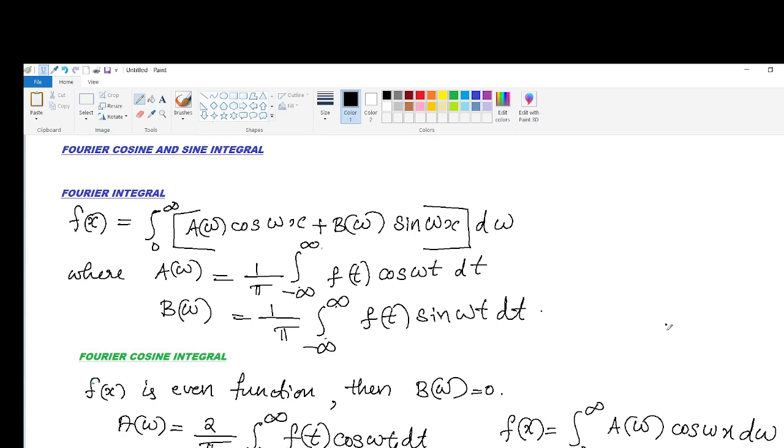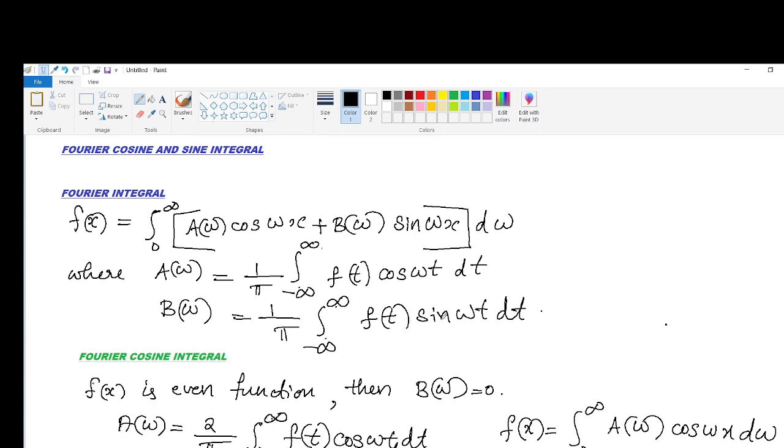Next we are considering the Fourier cosine integral. Here we consider f of x is an even function. When f of x is an even function, consider b(ω). Here f of t is even and sine is an odd function.